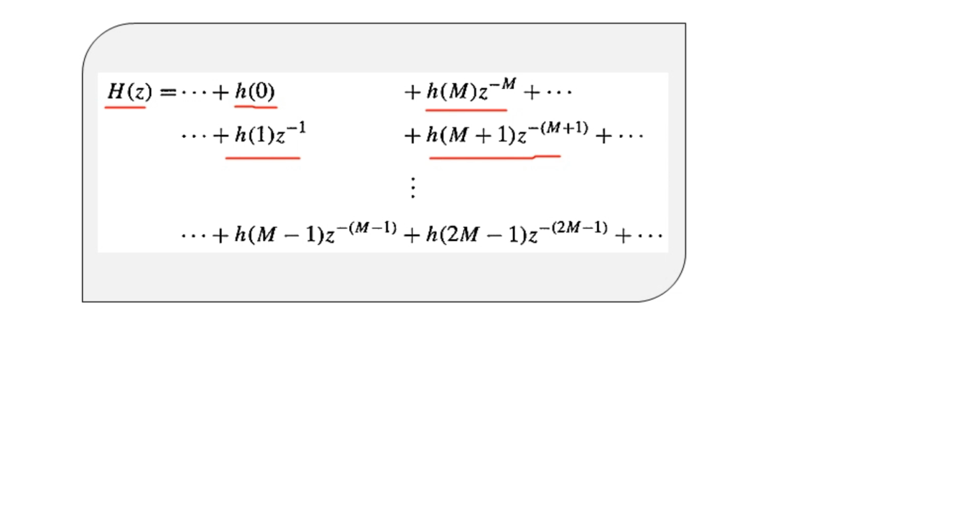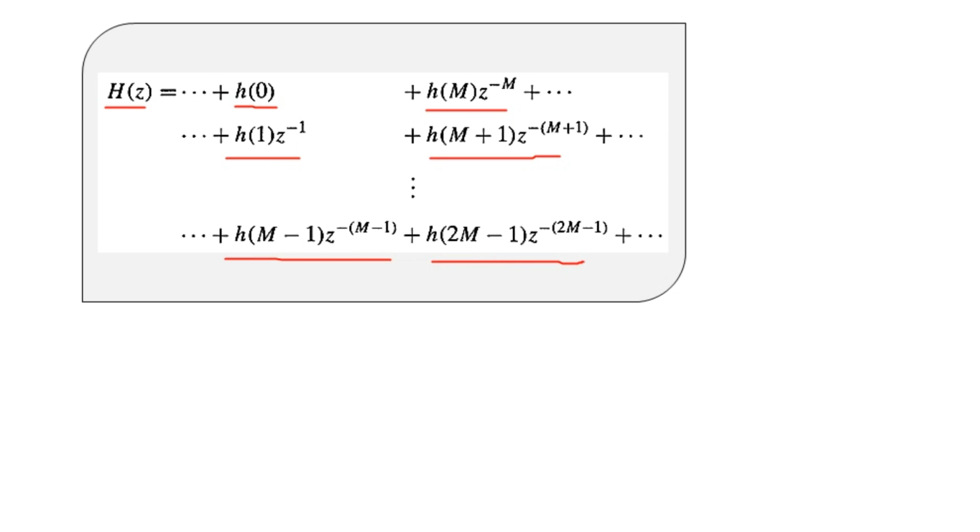So this way, to the last stage, we have h(M-1) z^(-(M-1)), added to h(2M-1) z^(-(2M-1)).